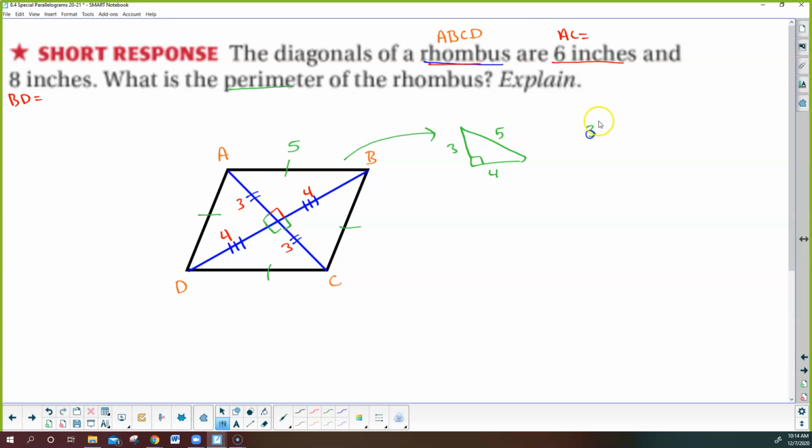Now, if you didn't notice that, you could do this work, and if you do it, you end up with the square root of 25, which is 5. So all 4 sides are congruent. And my final answer is the perimeter of ABCD is equal to 5 plus 5 plus 5 plus 5, or 20 inches.